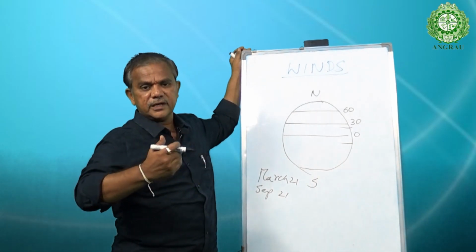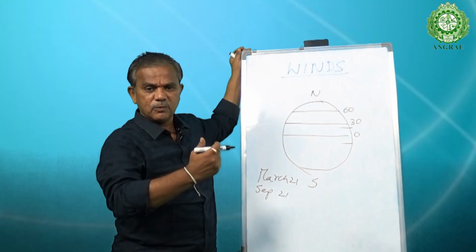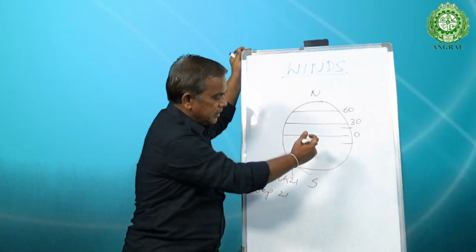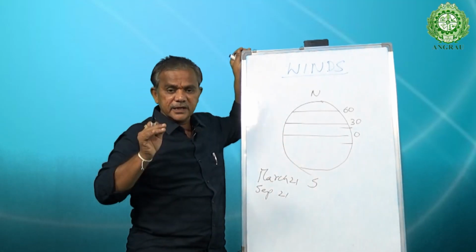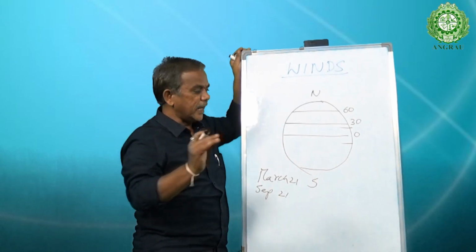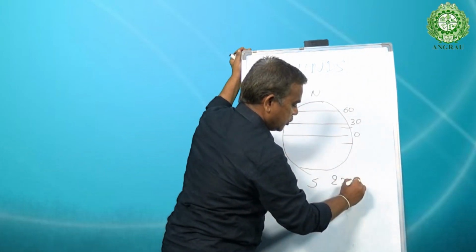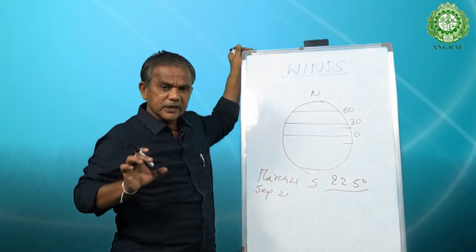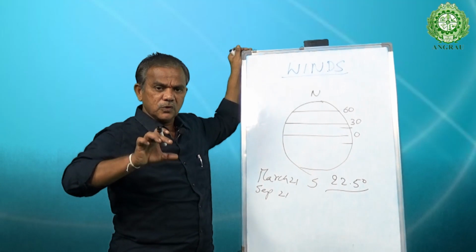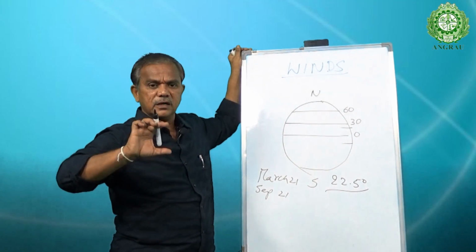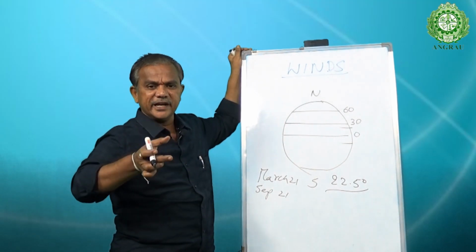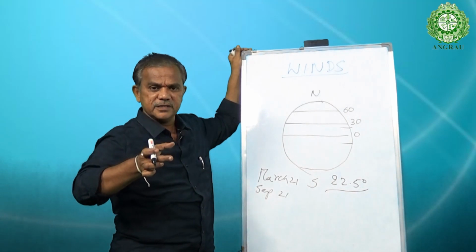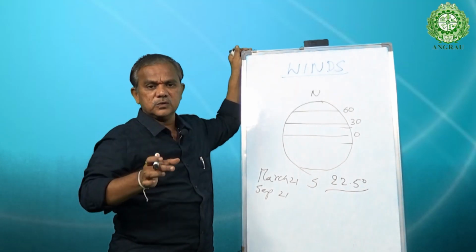And similarly we have the other date, December 21st, where maximum solar radiation is received in the southernmost part, up to a latitude of maximum 22.5 degrees, either way to the extremes. So one thing we should remember is that the earth on its revolution makes an inclination of 22.5 degrees to the north and south.